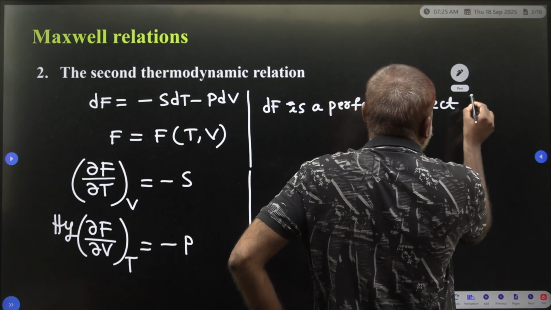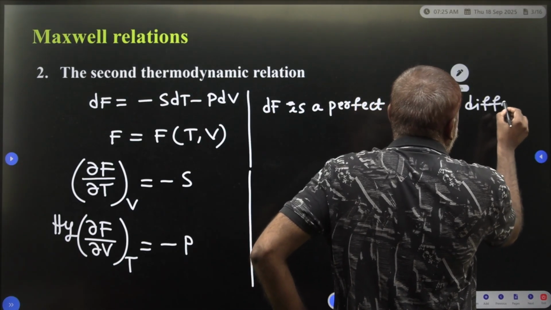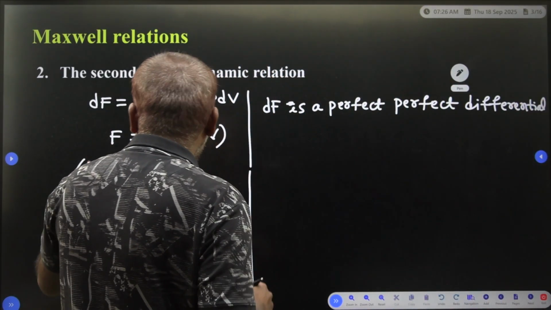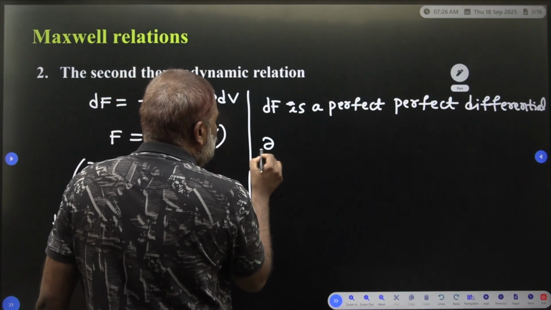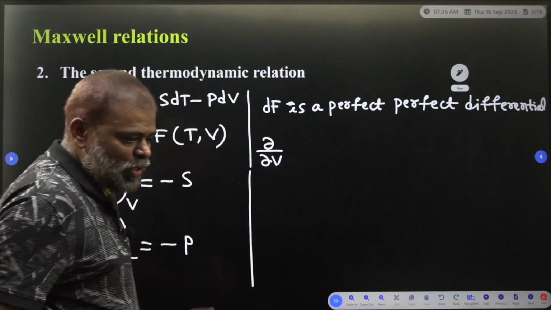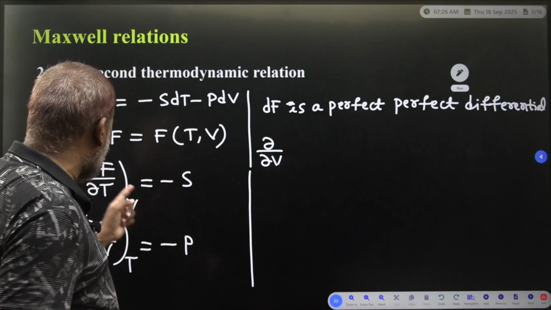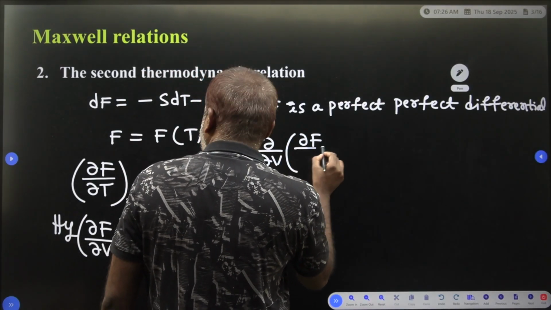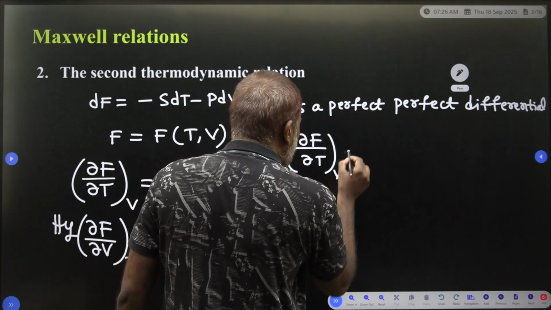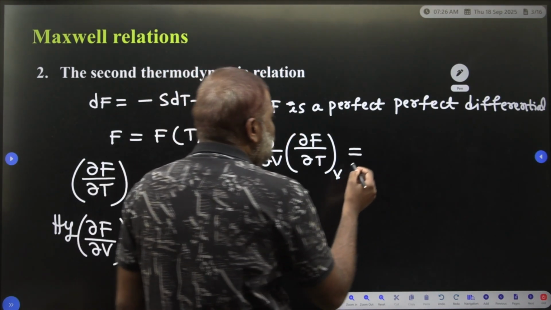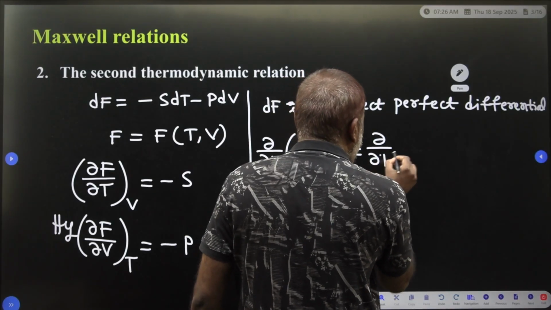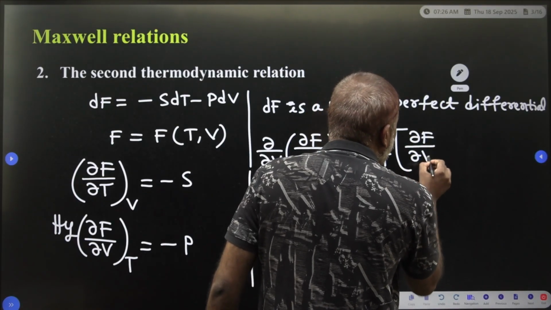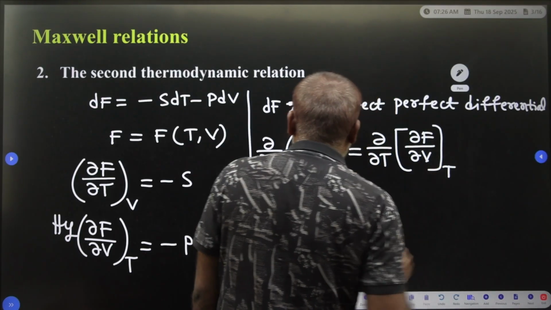If dF is a perfect differential, then dou by dou V at constant T of dou F by dou T at a constant volume is equal to dou by dou T of dou F by dou V at a constant temperature.